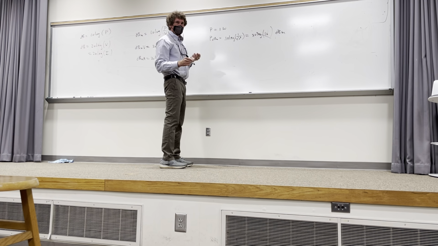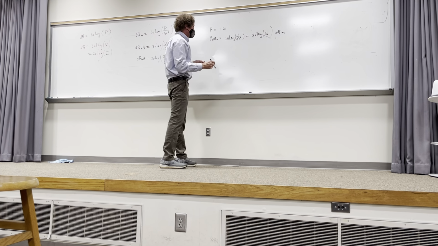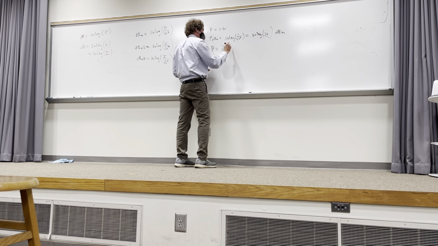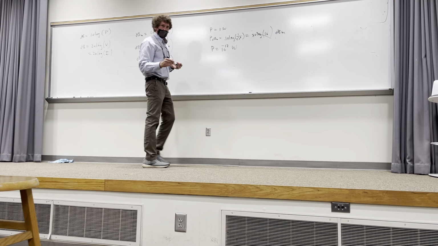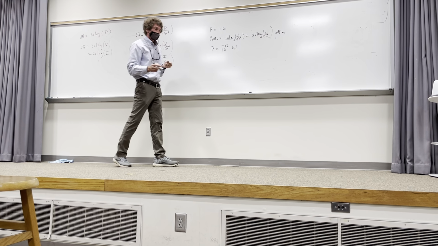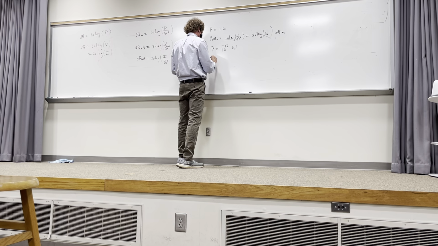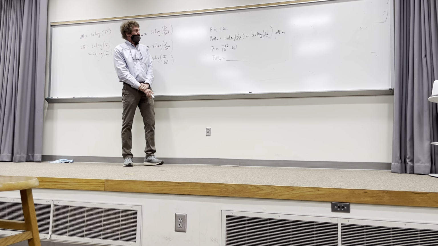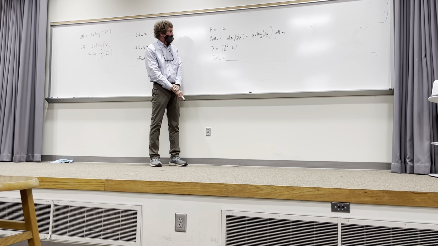Now, next, I always do this. What if the power is equal to 10 to the minus 12th watts? What is it? This one I'm not going to work it. Just look at it. What would it be? All right. Reason through it.